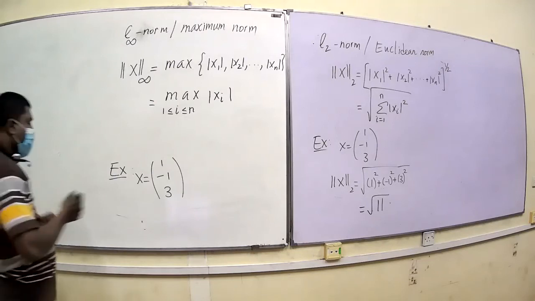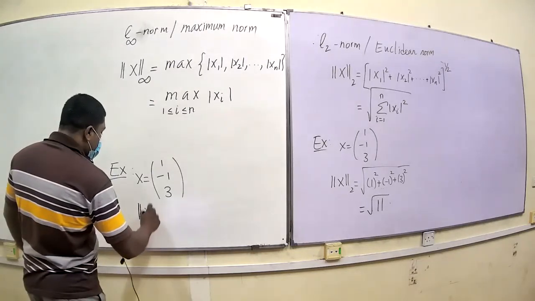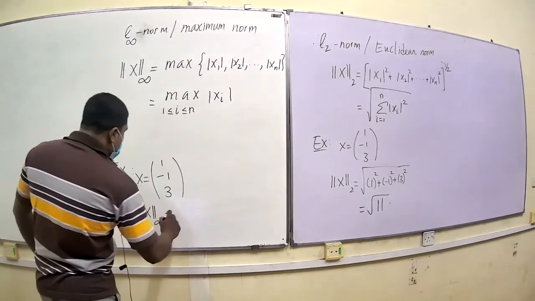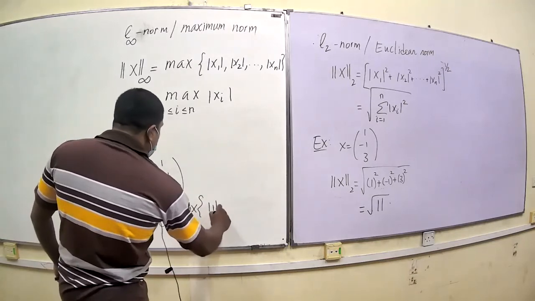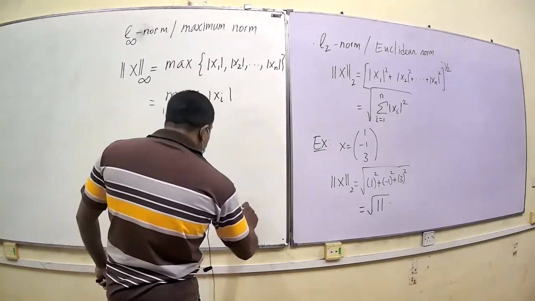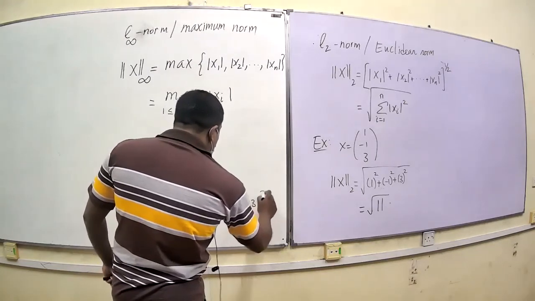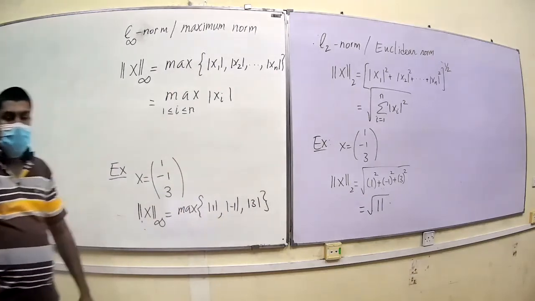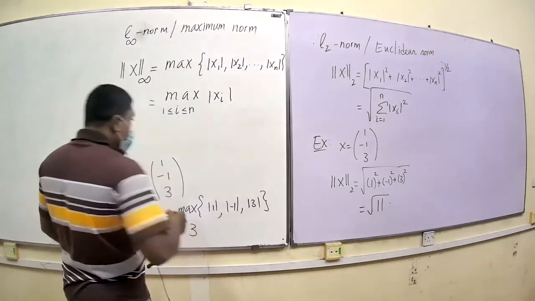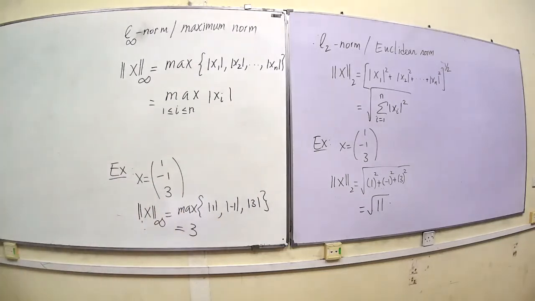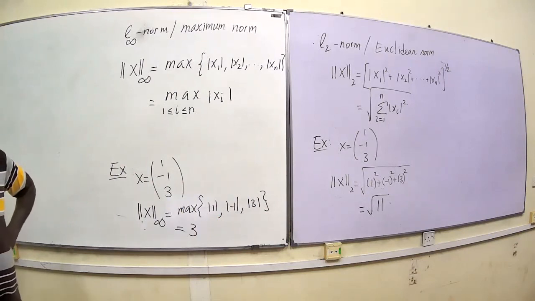So in this example, if I want to find the infinity norm, I have to take the maximum among 1, the absolute value of -1, and the absolute value of 3. So this value is clearly 3. Right? So this is called the vector norm.